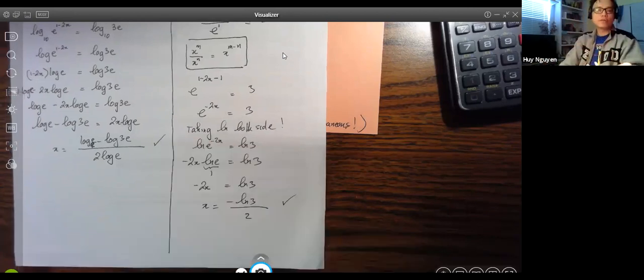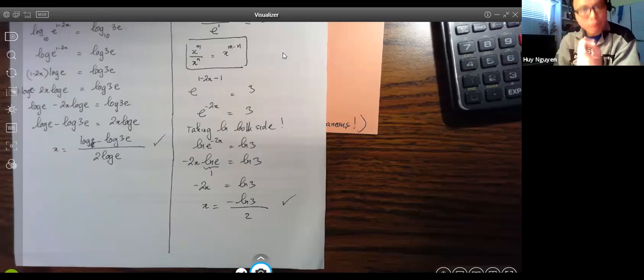So what do you see over here? You see that if you take an appropriate approach, your answer looks simpler than the other approach, approach one.